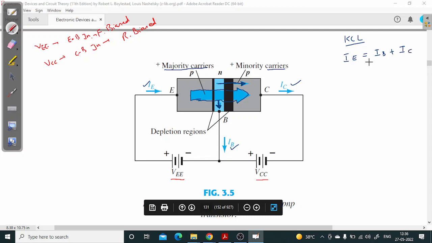That is, the emitter current is equal to the sum of base current and collector current. This is a very important relationship. Always remember this. And this condition is valid for all kinds of BJTs under any kind of situation. So this is valid under all circumstances.